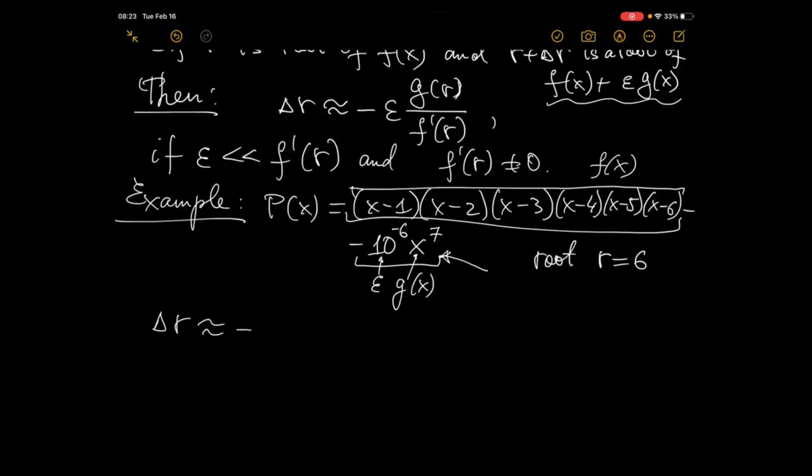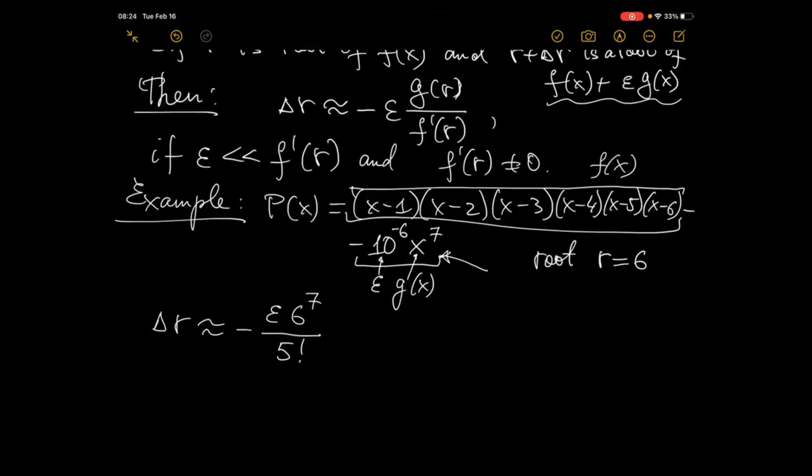obviously, epsilon 6 to the power 7, divided by, and here how to find the derivative of f of x? Essentially it's just 5 factorial. So if you have a look, it's relatively easy to figure it out.